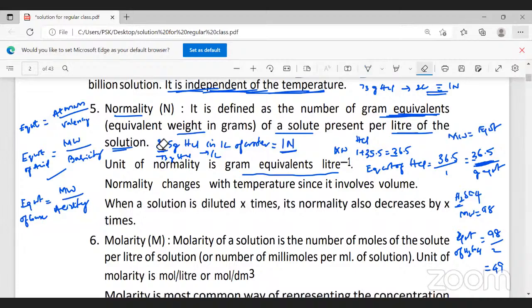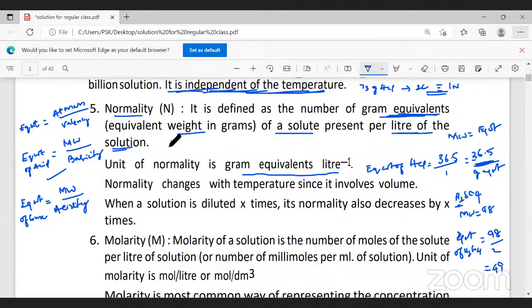Now you think and answer me the question very carefully. What is the normality of 98 grams of sulfuric acid in 1 liter? This is again wrong, I am telling you, this is for illustration.